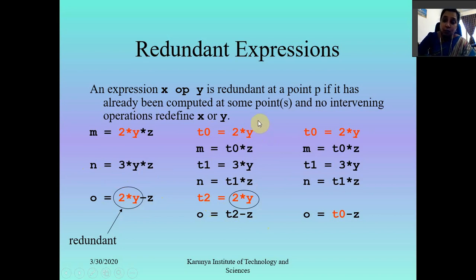If the value of y has been changed, then t0 and t2 will give us a different value. But here in between t0 and t2, we haven't changed the value of y. And therefore, I am eliminating t2 in the third step. And in the place of t2, t0 has been replaced. That is your redundant expression elimination.